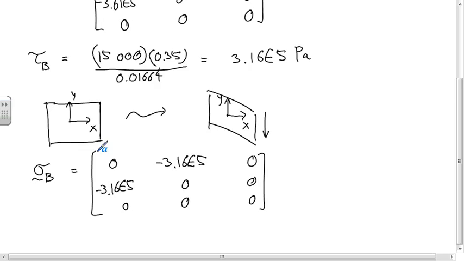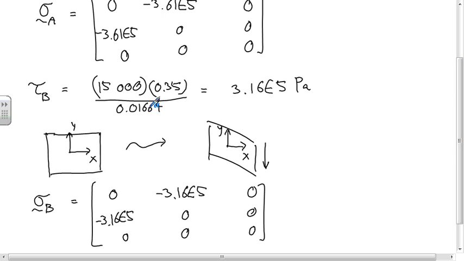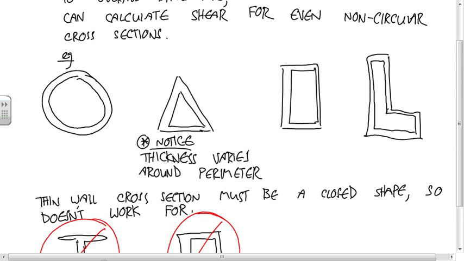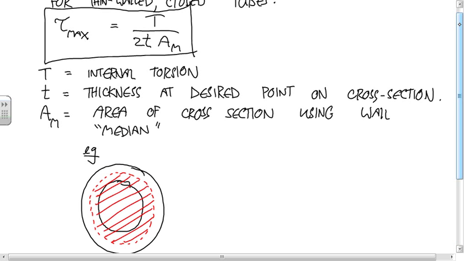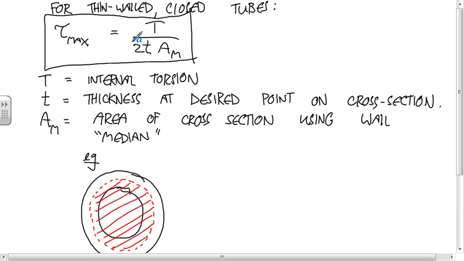Okay, well, one thing that you notice is that the stress tensors are different on the inside and outside of the wall. Using that torsion formula, look back at that torsion formula for thin-walled shapes. There's nothing in this representing different points along the thickness of the wall.